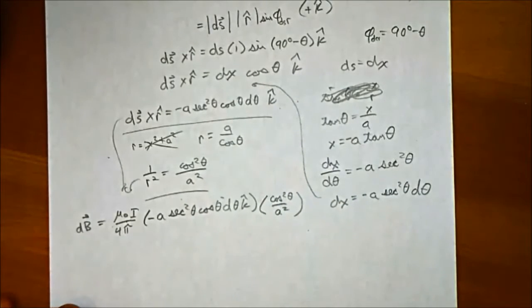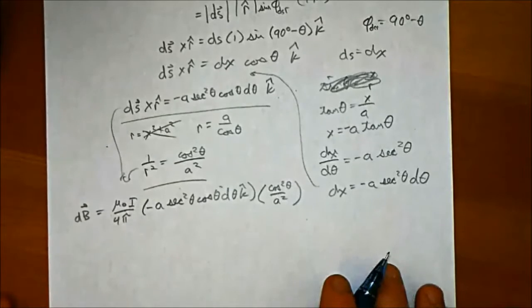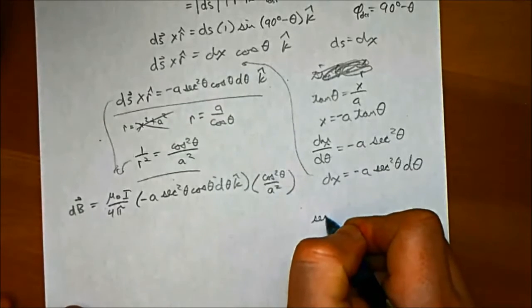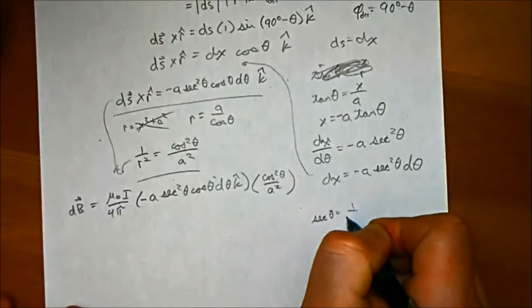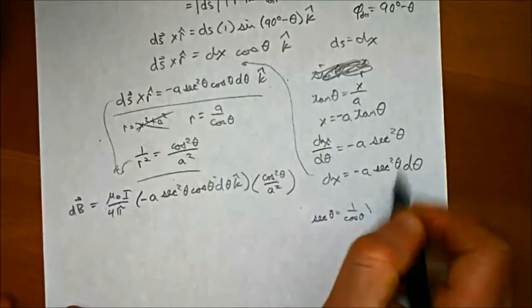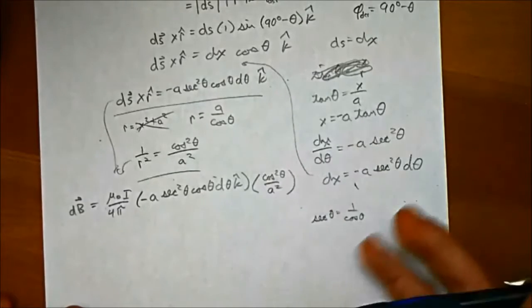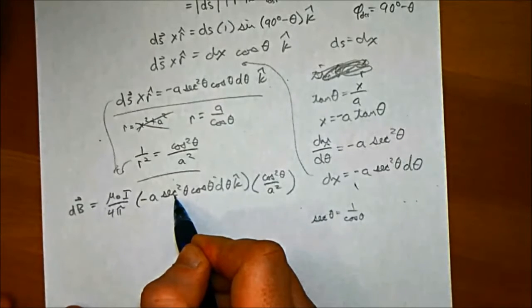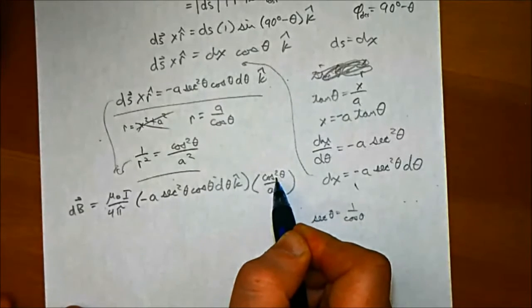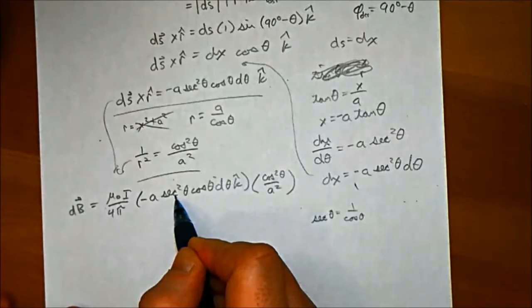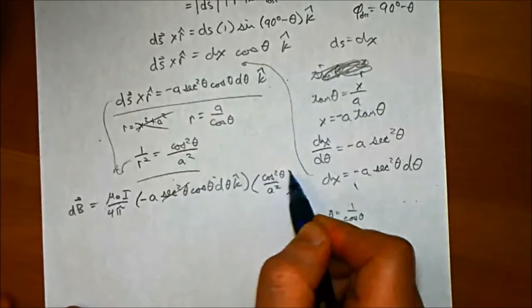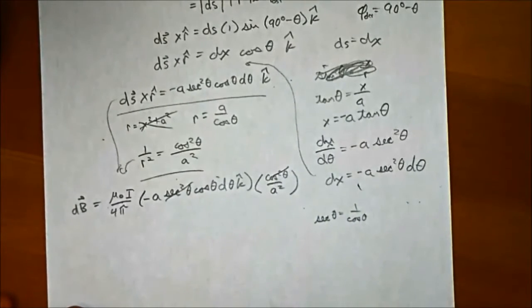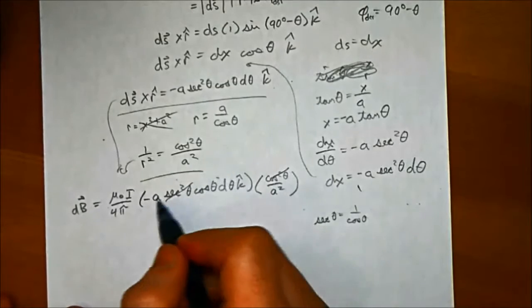So now we just need to simplify things. Now, maybe you remember that secant of theta is 1 over cosine of theta, so that helps things quite a bit because I've got a cosine squared term and I've got a secant squared term. So these two cancel each other out because this is 1 over cosine squared and this is cosine squared. So those two go away. Also, I have the negative sign.